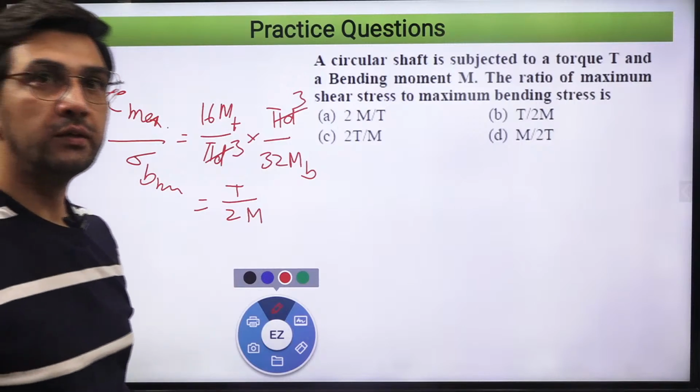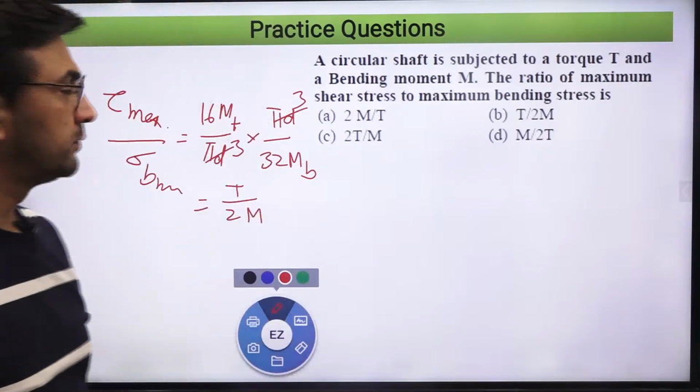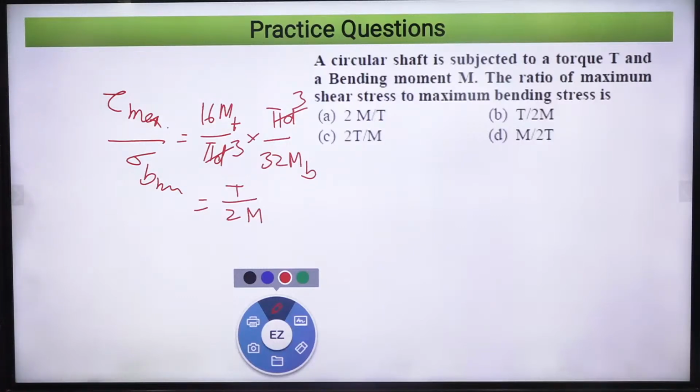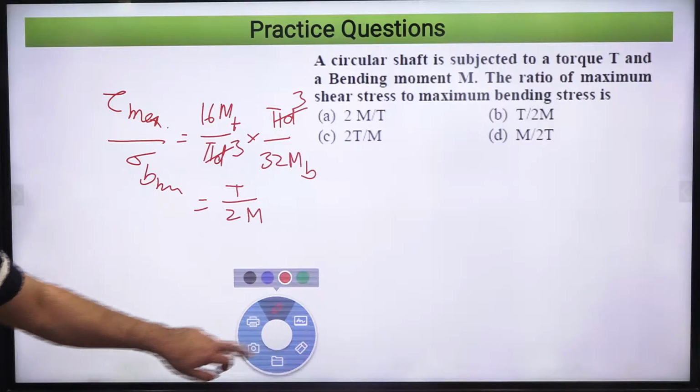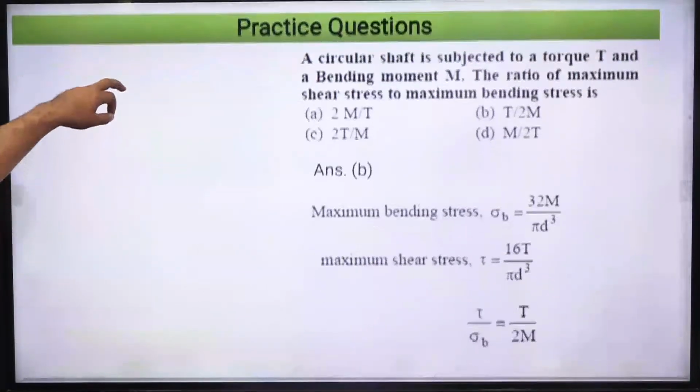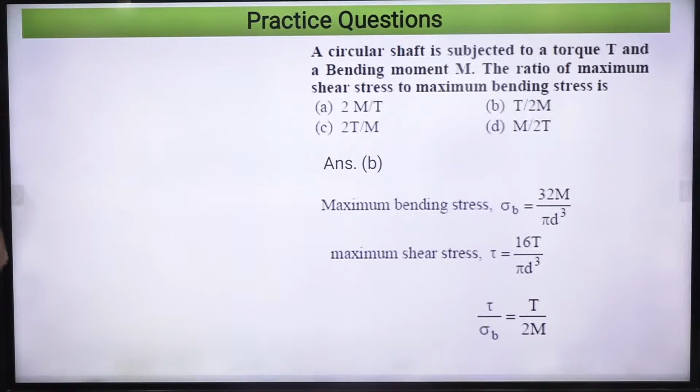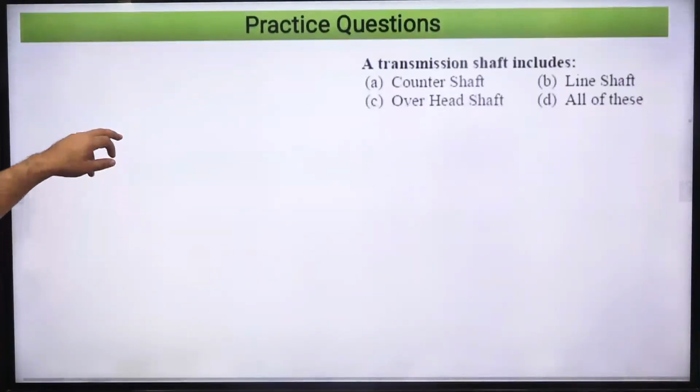It should be B. Check it out. So simply the ratio. Just see, simply you have to take the ratio, that's all. The ratio of maximum shear stress, tau, divided by sigma B. Okay, good.